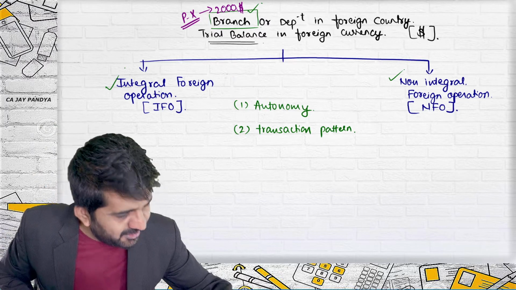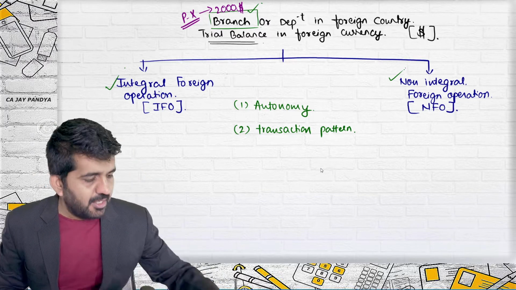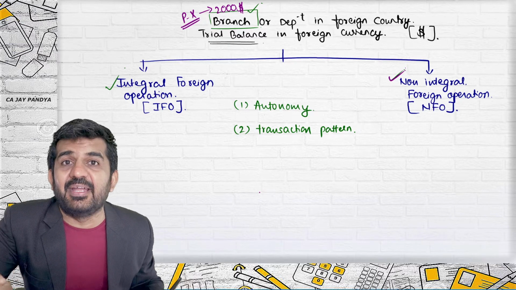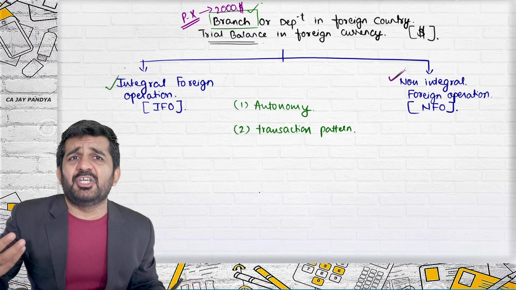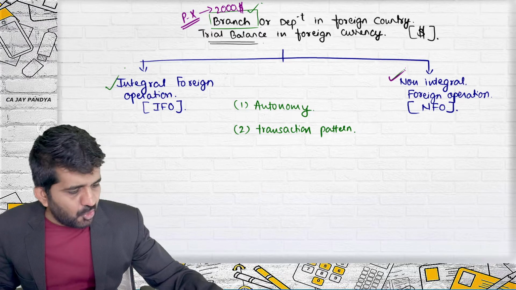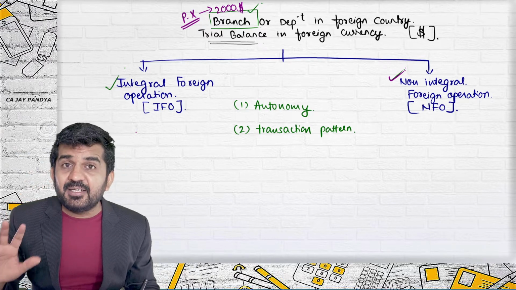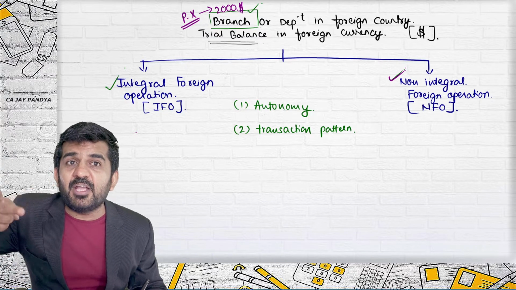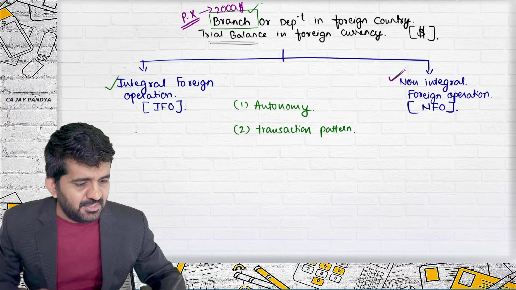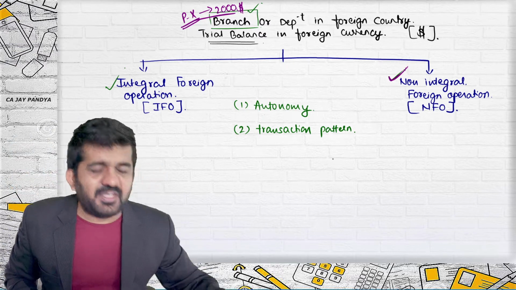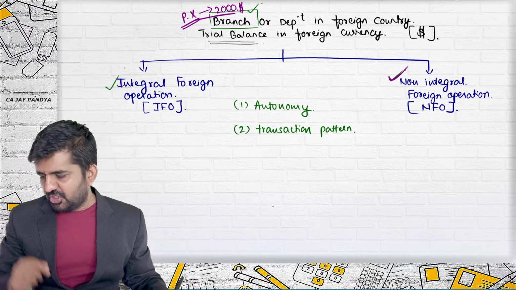They are non-integral foreign operations, because they are practically independent, and they are charging it in dollars. Sir, ultimately this dollar will be converted into rupees and come to India. The answer is yes. But try to understand, even if the exchange rate changes, the price remains $2,000. So they are not much affected by the change in exchange rate.